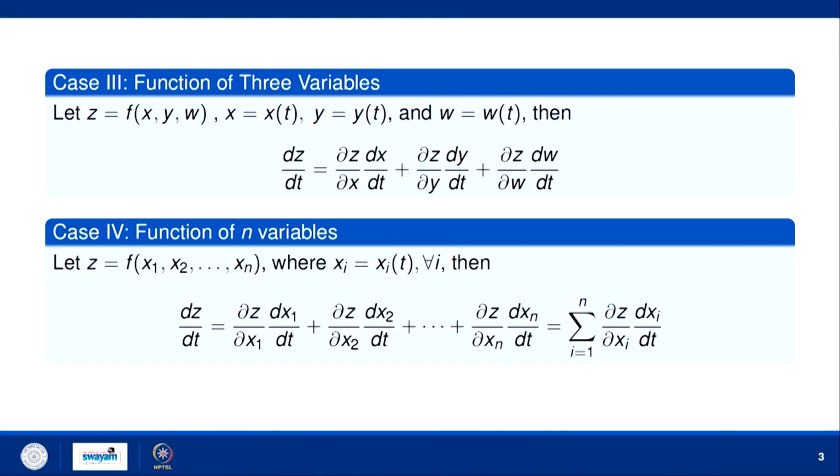Now, let us extend this definition to three variable functions or n variable functions. Similarly, if z is a function of three variables x, y and w, all independent variables, and all are in turn functions of t, x is a function of t, y is a function of t, w is a function of t, then dz by dt is given by del z by del x into dx by dt plus del z by del y into dy by dt plus del z by del w into dw by dt.